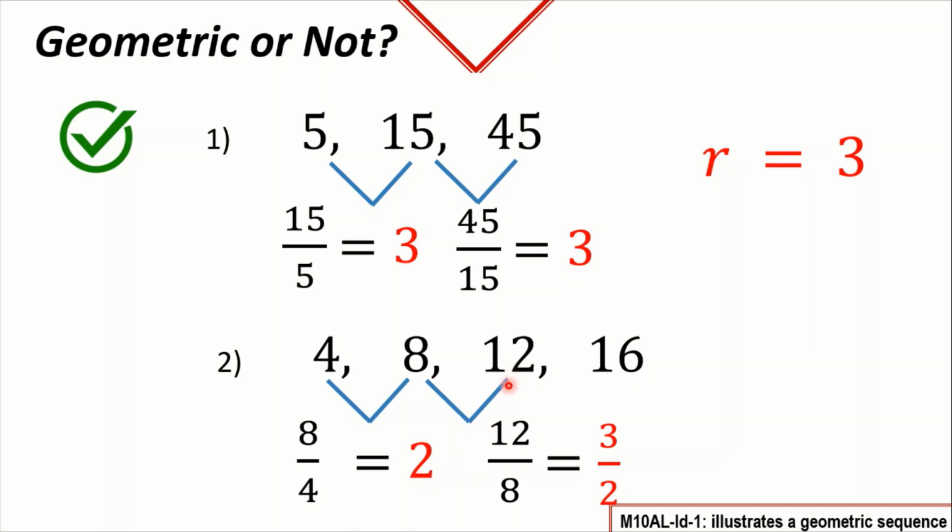Third term divided by the second term, 12 divided by 8. So, ang mangyayari, i-lowest term lang natin siya kasi hindi naman natin pwedeng i-divide eksakto. So, pagka i-lowest term natin, divide natin sila by 4 over 4. So, 12 divided by 4 is 3. 8 divided by 4 is 2. So, ang ratio is 3 halves.